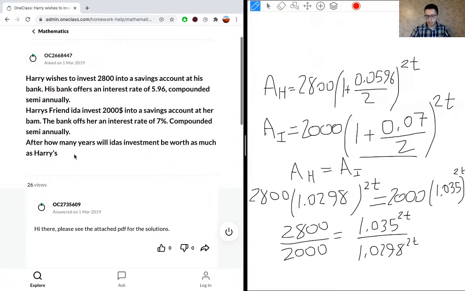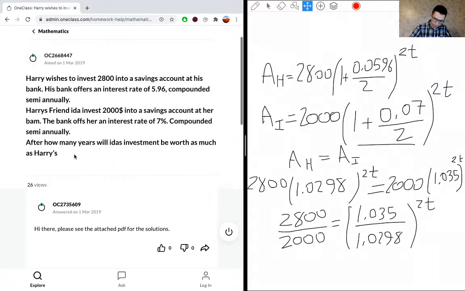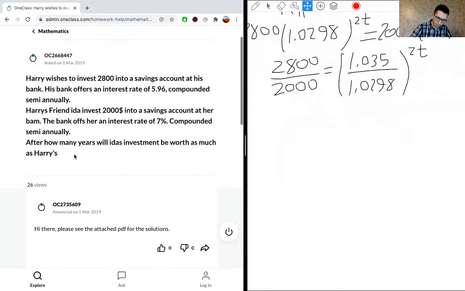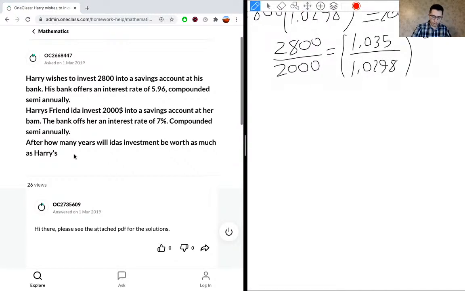Because there's 2t on the bottom and the top, we know we can write this as all of it to the power of 2t. So now 2,800 divided by 2,000 will give us 1.4.